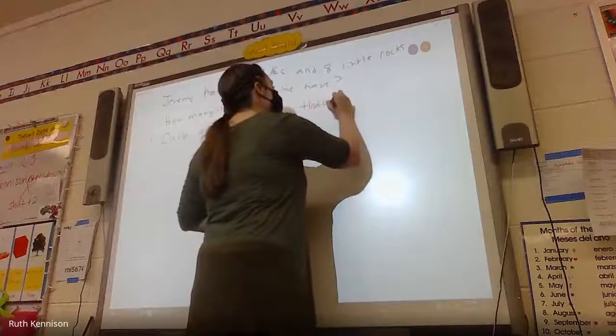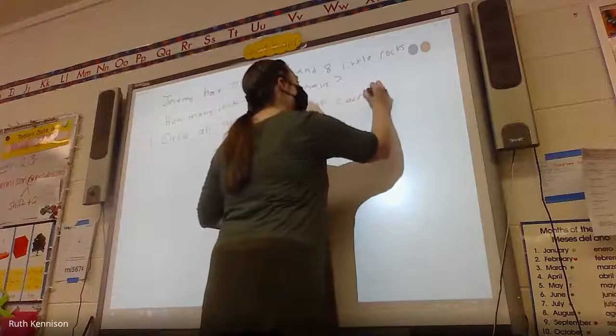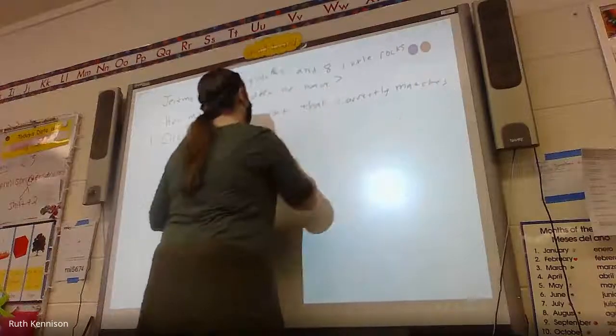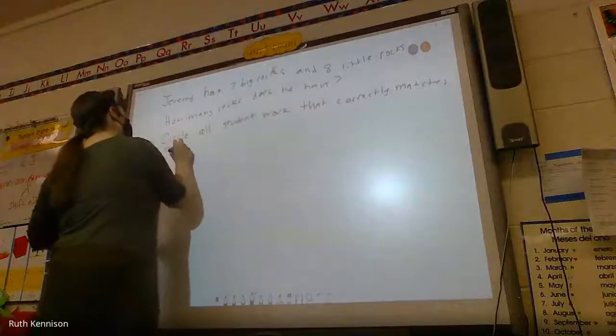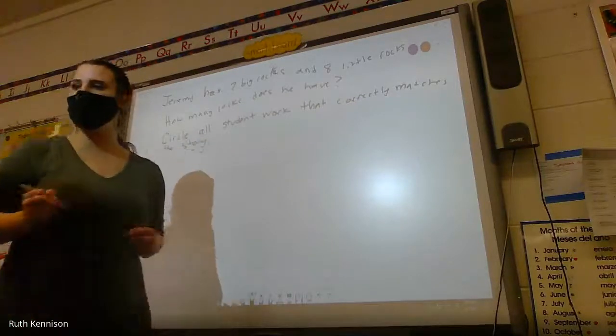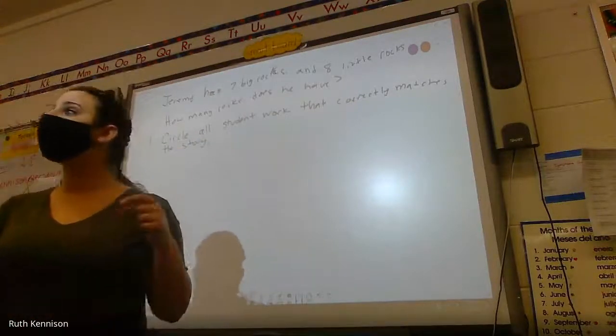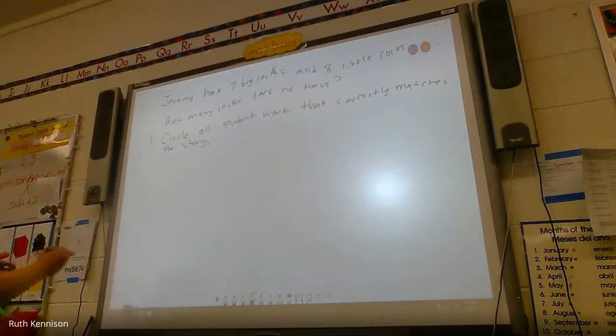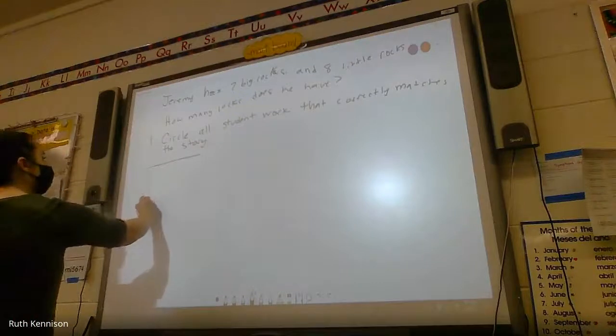That correctly matches the story. So now I know I'm not just going to circle it all. I'm going to circle only the ones that match the story. If I were a nine, I'd be paying attention. Okay? And then we've got some boxes.